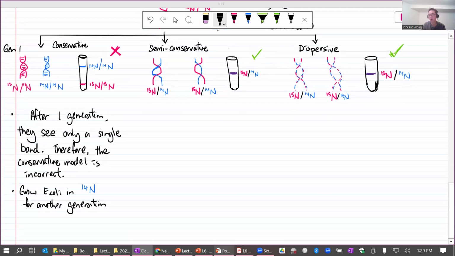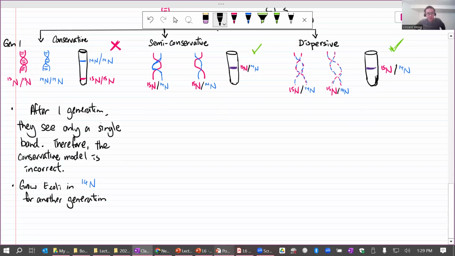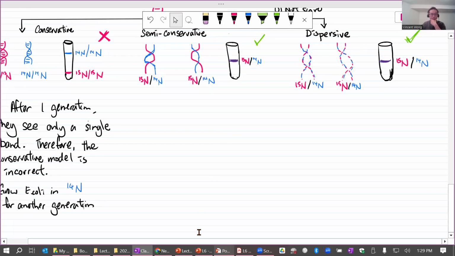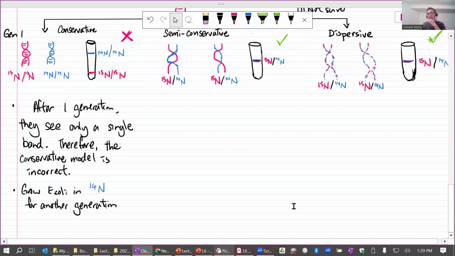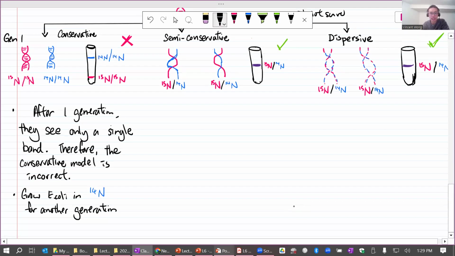They're going to do this one more time. So let's see what happens if they do this for another generation. So generation 2.